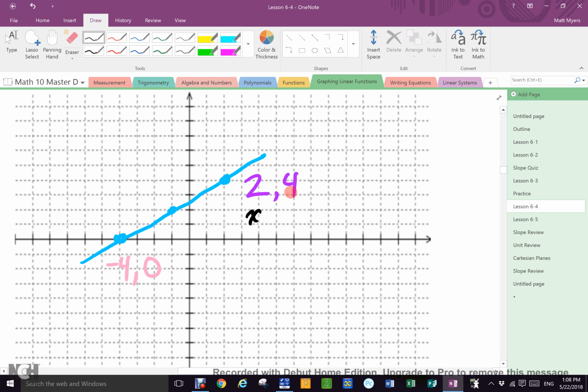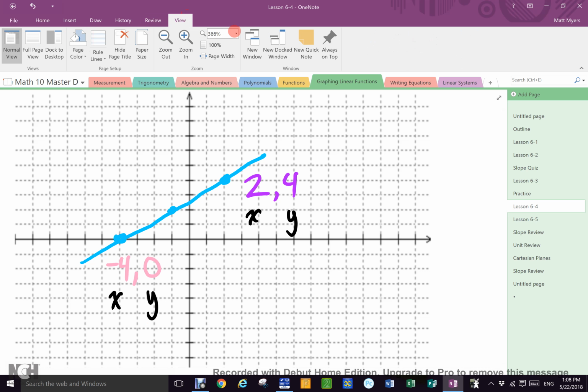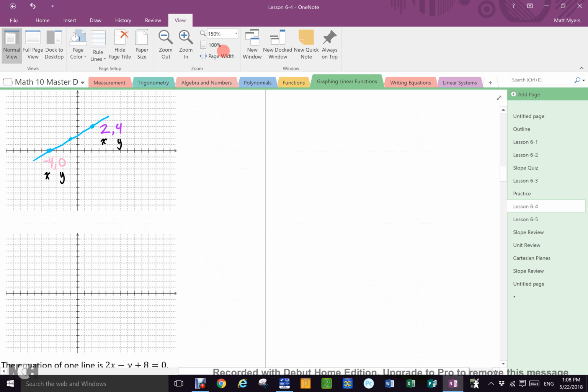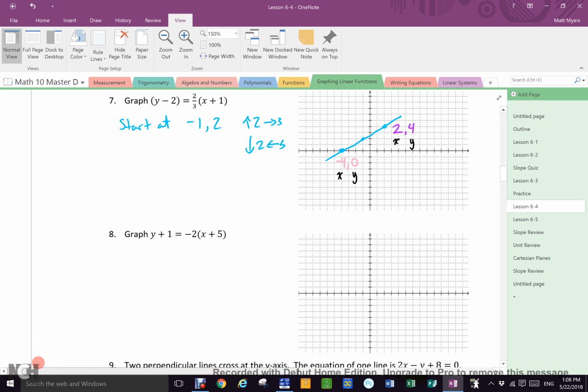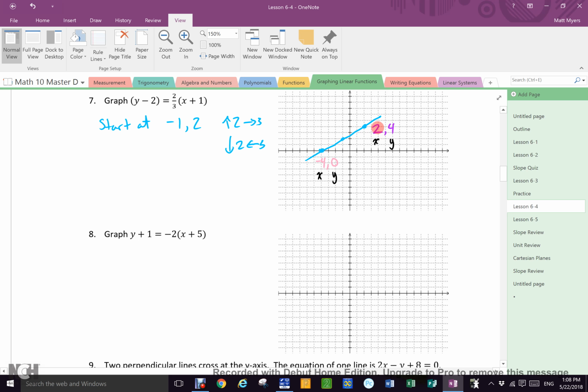X. Y minus 2. 4 minus 2, correct? Equals 2/3.